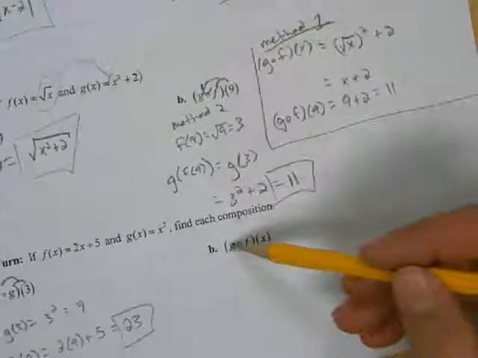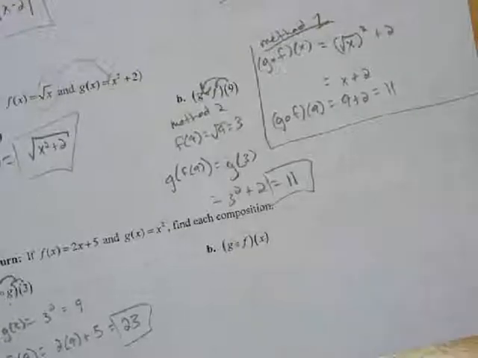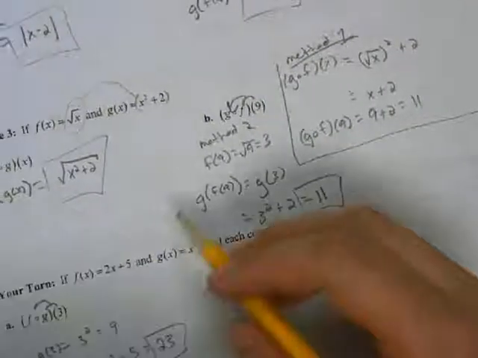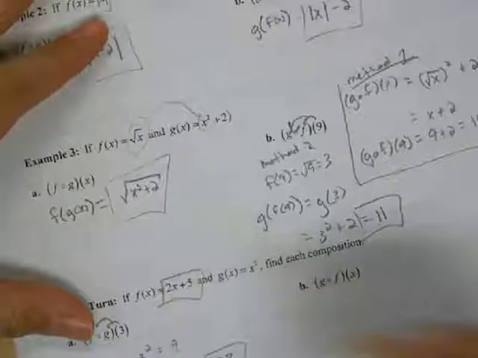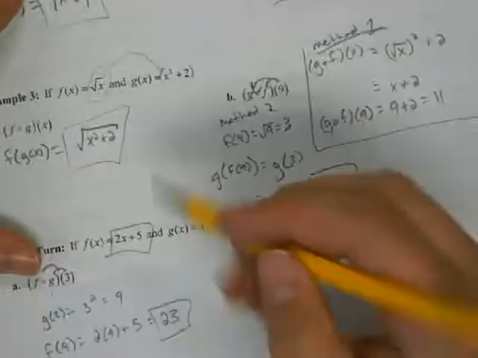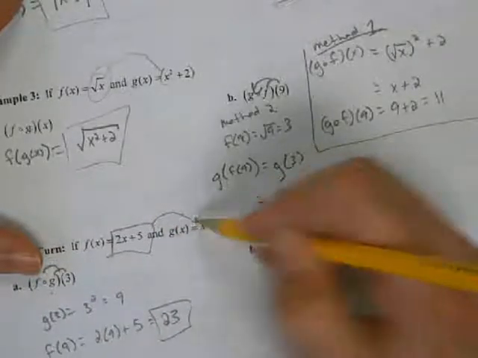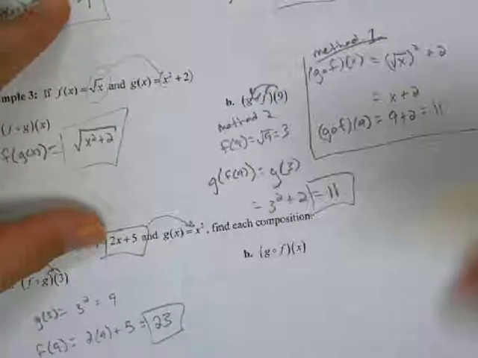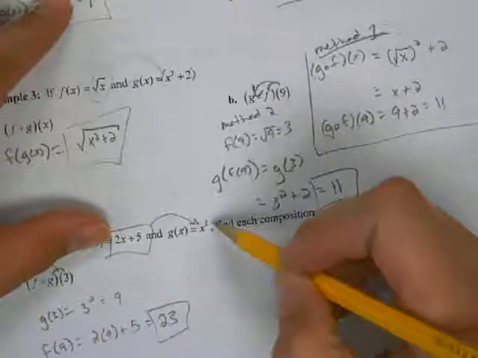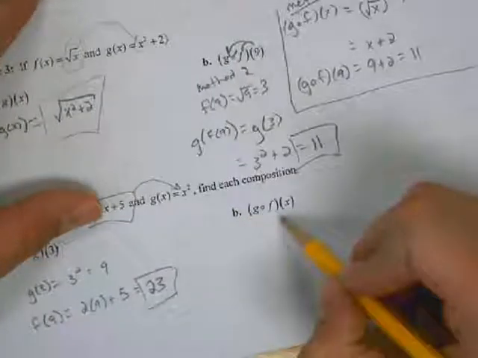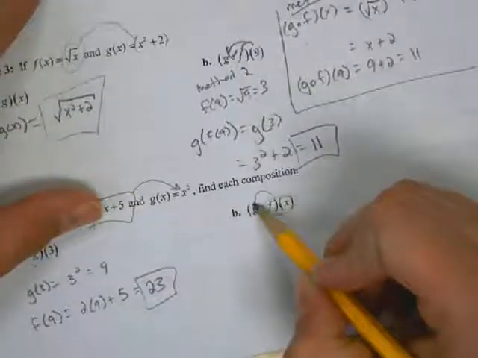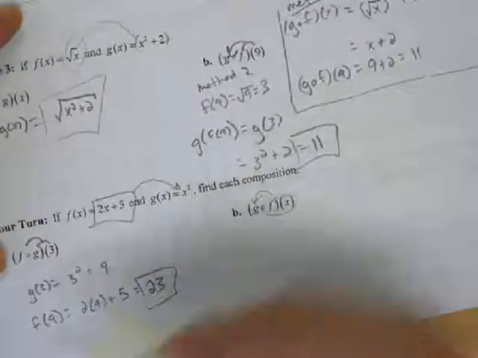Now here they don't want an exact value. They want g composed of f of x. They want us to leave the x. So if f of x is 2x plus 5, then I'm going to take that value and plug it in this way. Be very careful. If you got 2x squared plus 5, that means you actually took g and plugged it into f. But they want f plugged into g, right? We're always going to the left. Start on the right and move to the left.